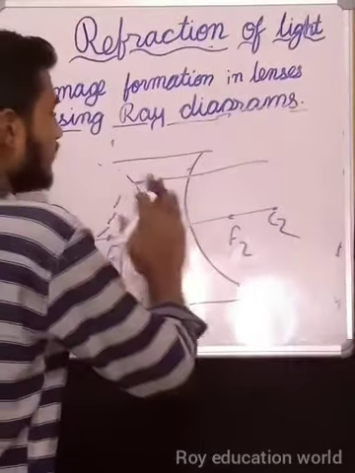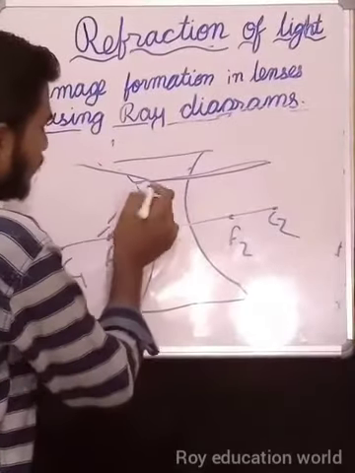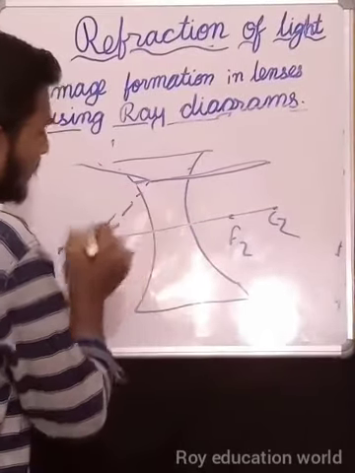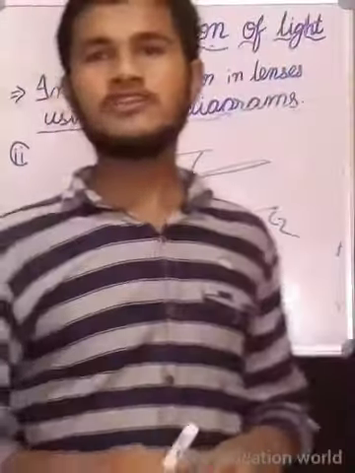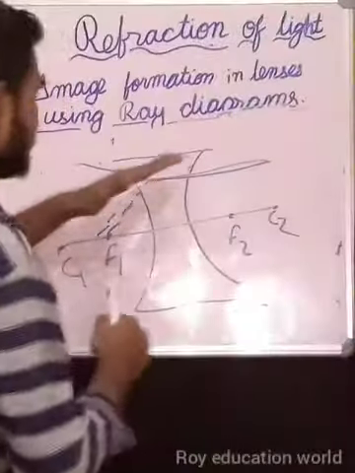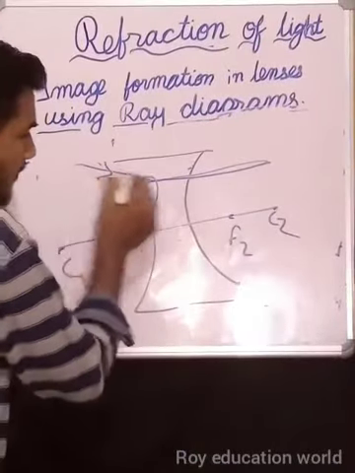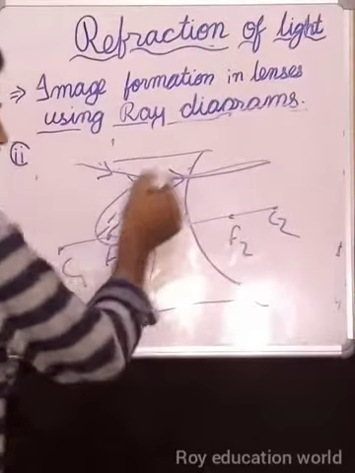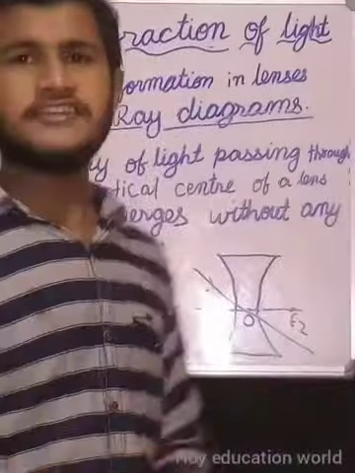After refraction, it emerges parallel to the principal axis. It seems to be; it is imaginary. It is coming from here and going here, but it only seems to be.